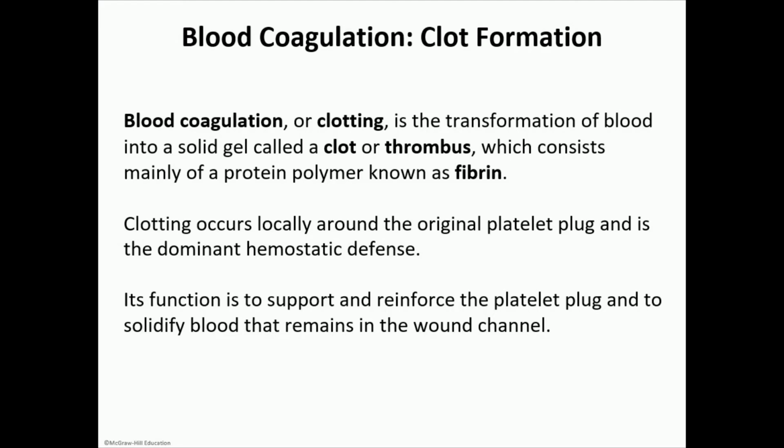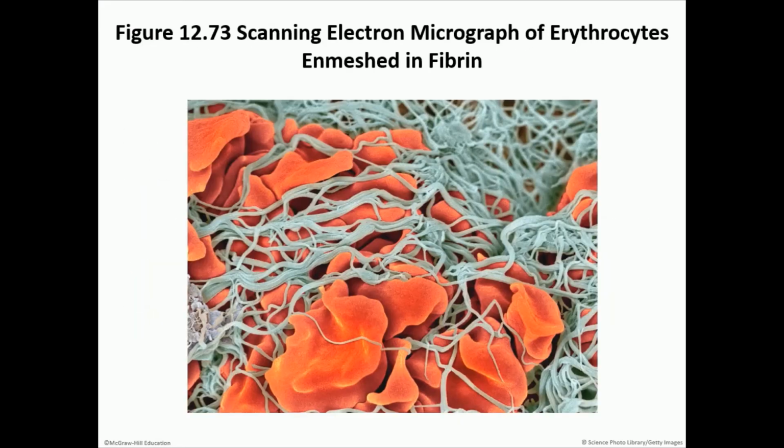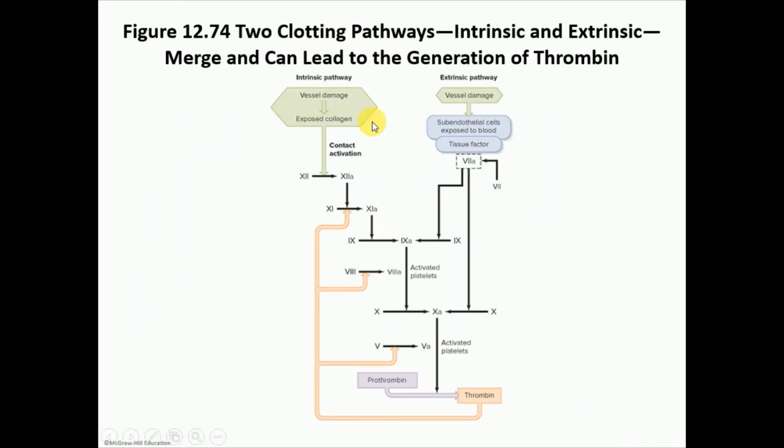Okay, and fibrinogen needs to be activated into fibrin, and that could be done in 2 different pathways. Take a look at these 2 different pathways. It's either an intrinsic pathway or an extrinsic pathway. And these pathways don't mean that this is happening inside of the blood vessel and this is happening outside of the blood vessel.